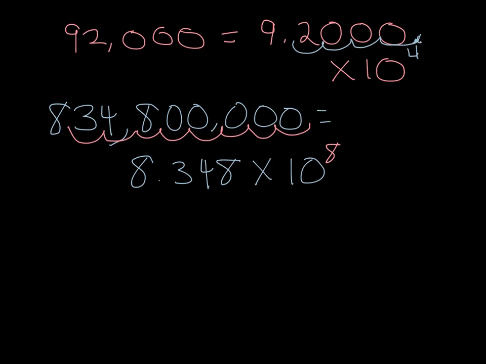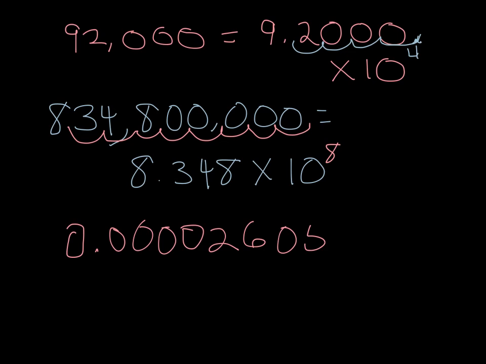I know that you've done some of this with Mr. Meyer more towards the beginning of the year, so hopefully some of this looks a little bit familiar. Let's take an example with a smaller number: 0.00002605. I'm going to start off the same way.